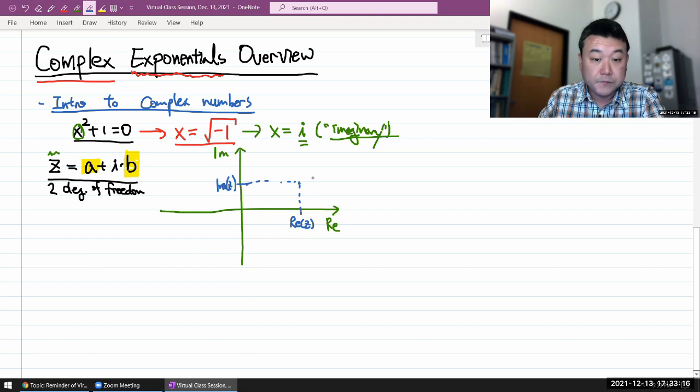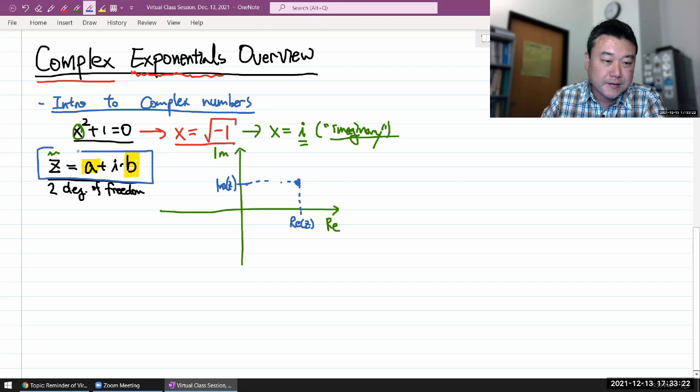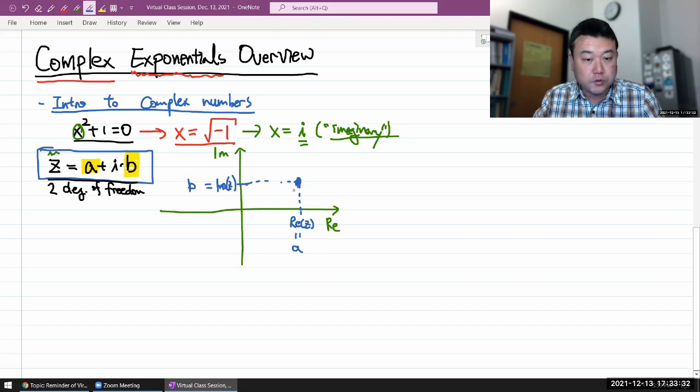So this point here, if you are using this complex number, the real part would be a and the imaginary part would be b. And so we can choose to represent this complex number by these coordinates, a and b, in the complex plane.